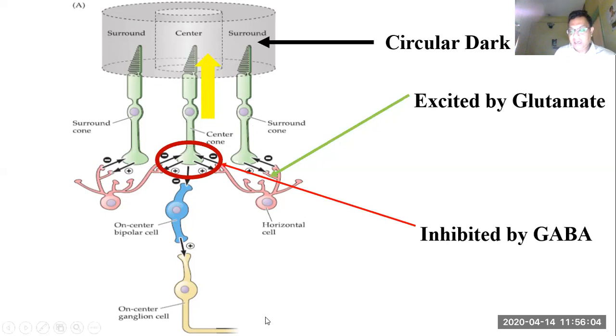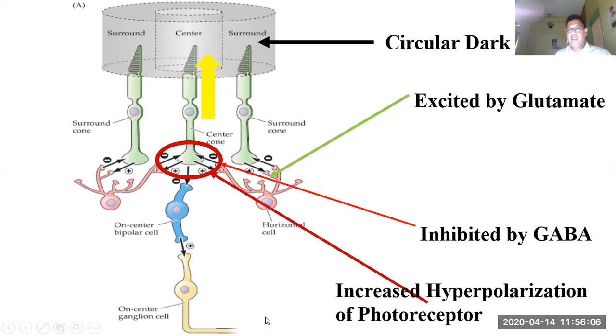So what happens is that we have increased hyperpolarization of the photoreceptor in the middle. So the photoreceptor which is getting light is getting much more hyperpolarized than it alone could have attained. So with the help of its neighbor, it is getting much more hyperpolarized. So there is much more lack of glutamate released.